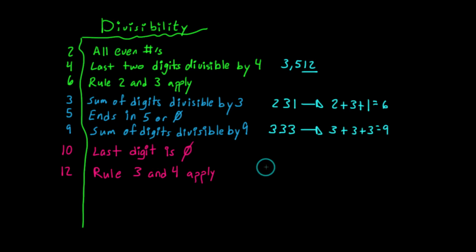Here's an example. What if my number is 1,116? I'm going to look at the rule of 3 first. The rule of 3 says I've got to take the sum of these digits.